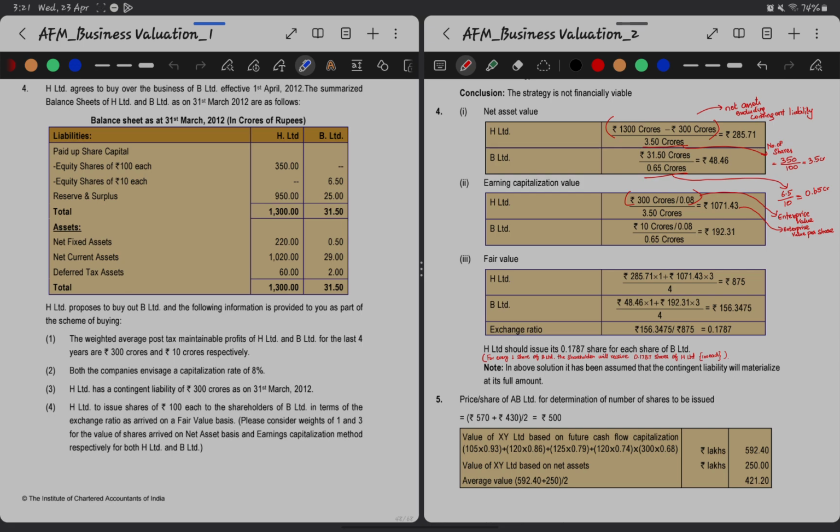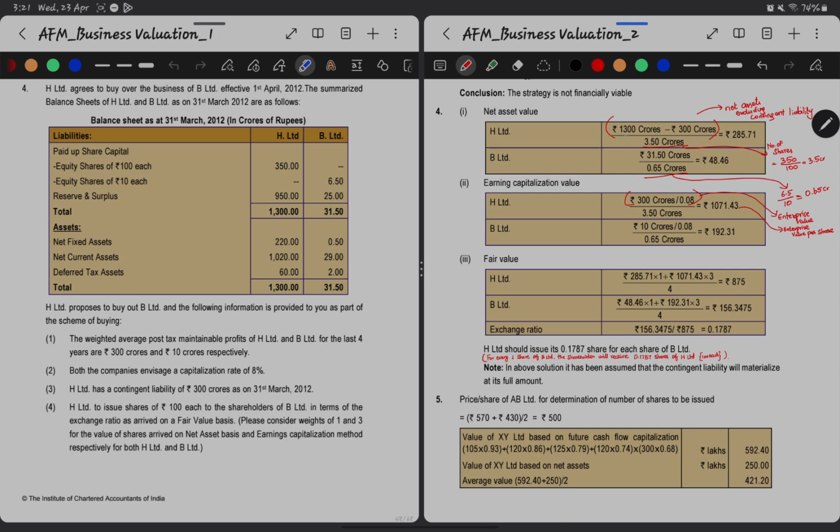And in many cases, if the outcome is so huge, then the investment itself will not happen. So that's why this contingent liability is also materialized to its full extent.